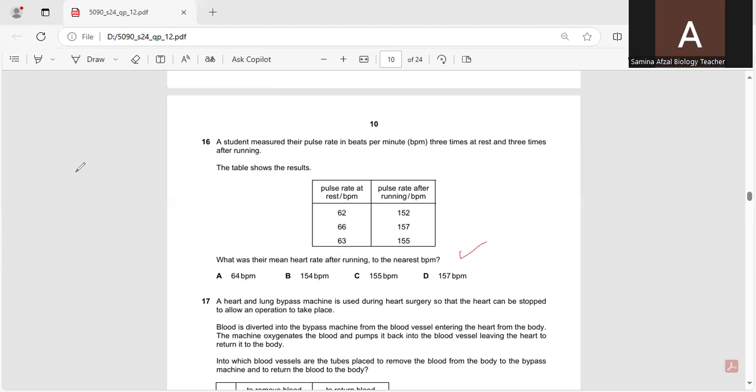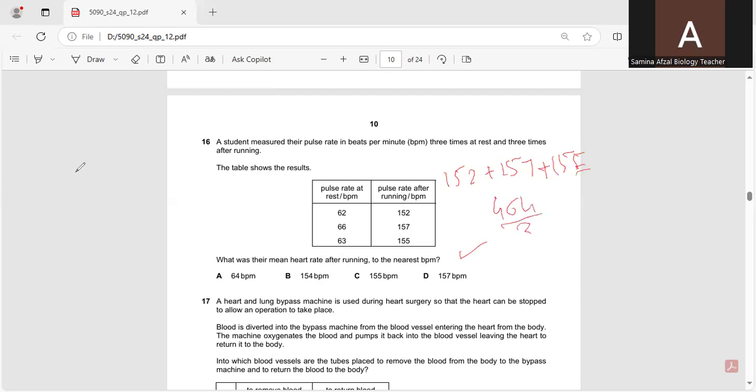And 152 plus 157 plus 155. In this case, when we add 152 plus 157 plus 155, it is 464, which is equal to 460.